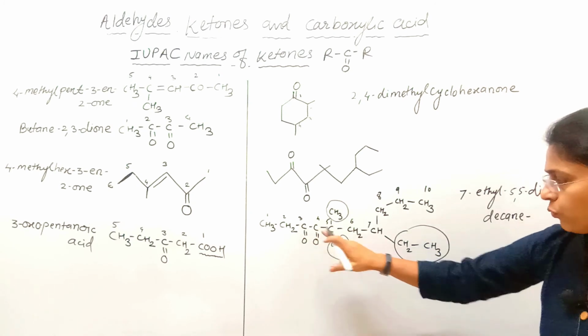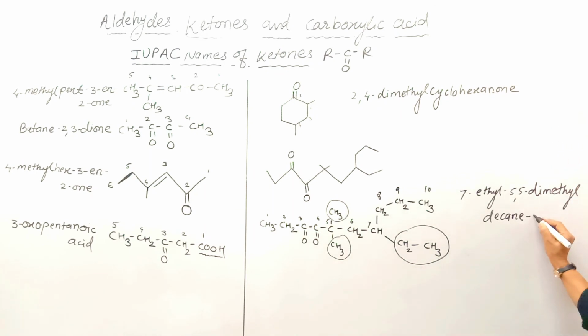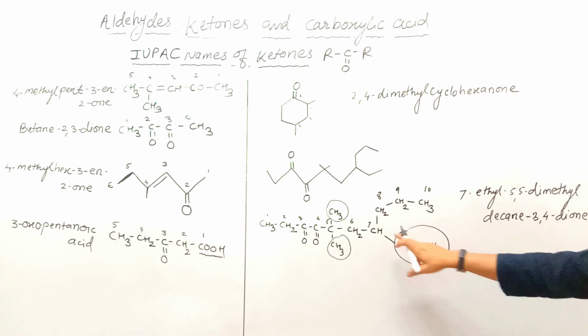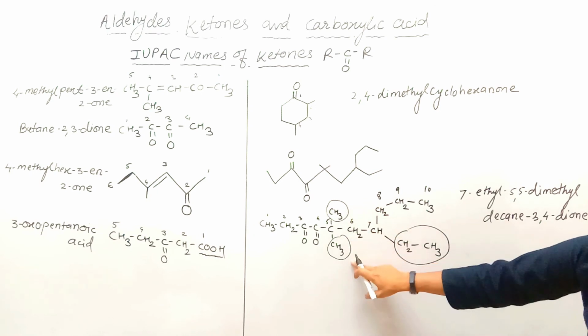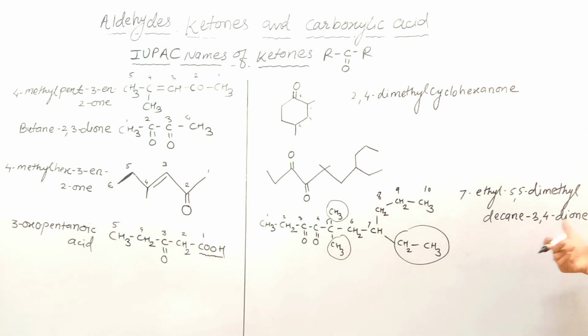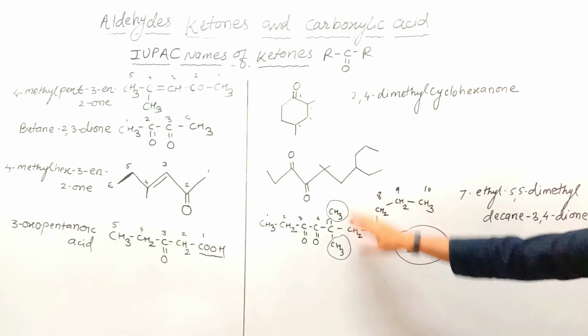At 3 and 4 position, a ketonic group is there. That's why 3,4-dione, D-I-O-N-E. So 7-ethyl-5,5-dimethyl decane-3,4-dione is the IUPAC name of this bond line structure.